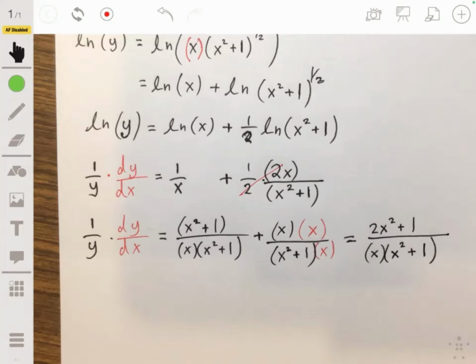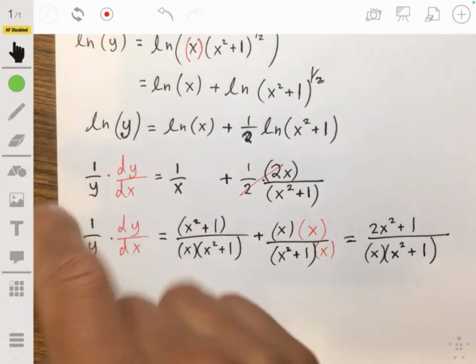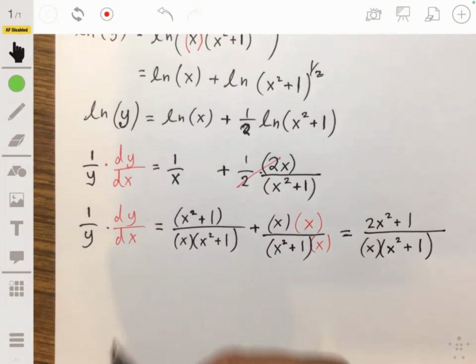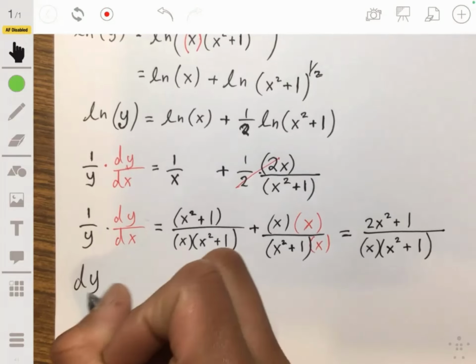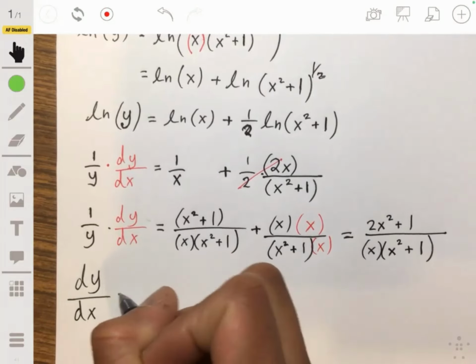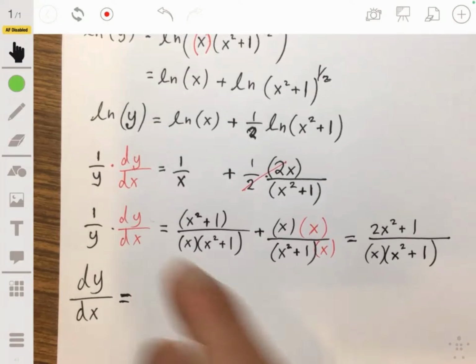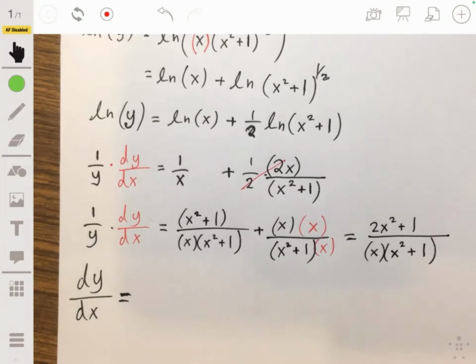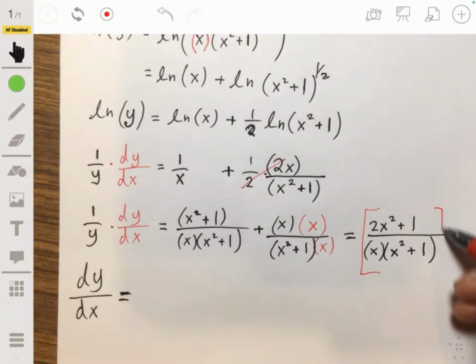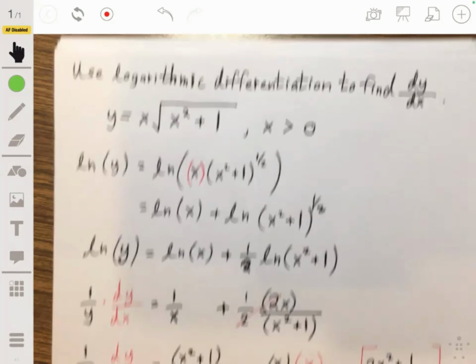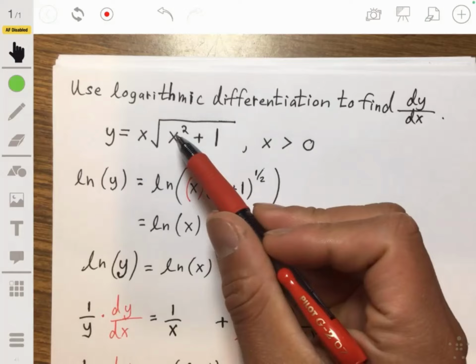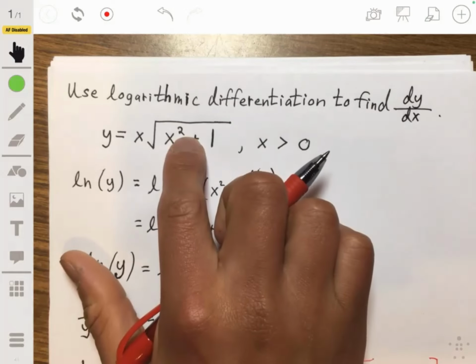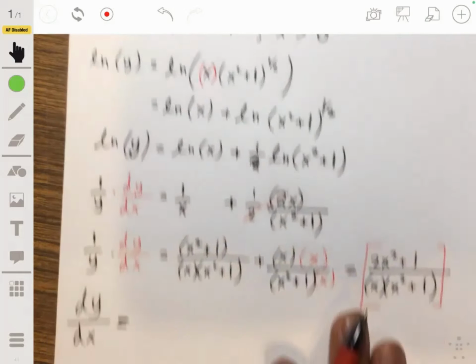Now what we have to do is get the y to the right side, so just isolating the dy dx on the left, multiplying both sides by y. So essentially you want to multiply this whole thing by y. But remember, y is given in terms of x at the beginning. So we're going to rewrite it as x times the square root of x squared plus 1.